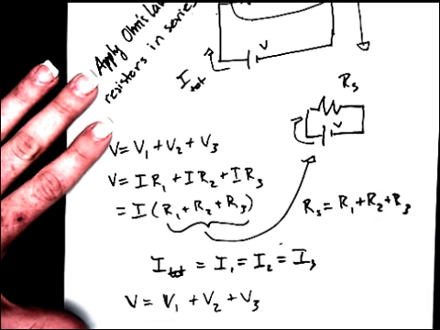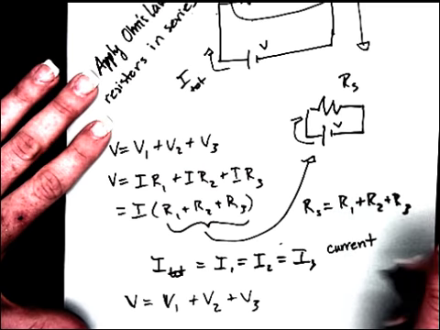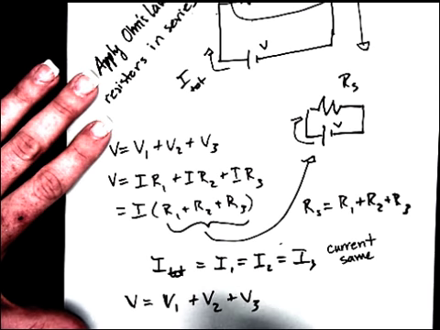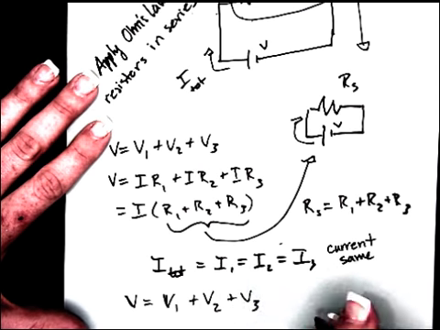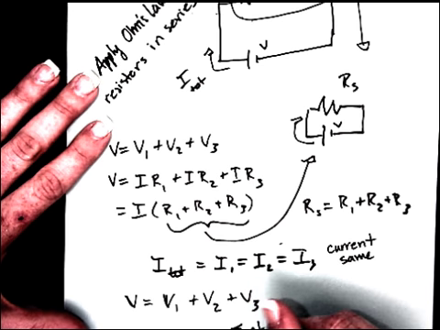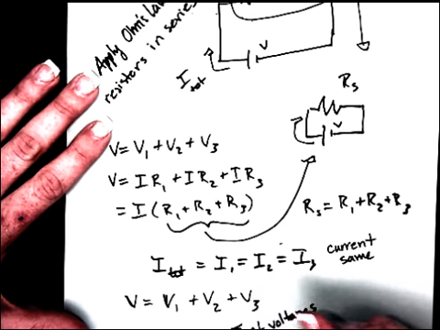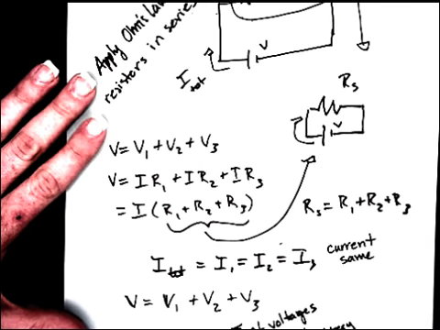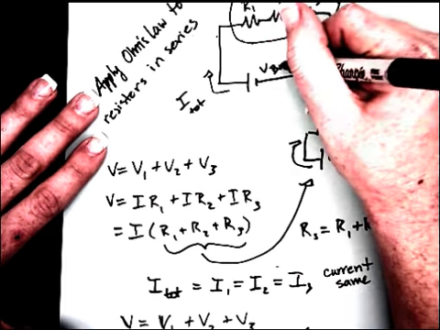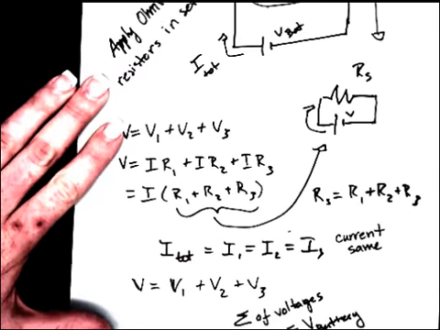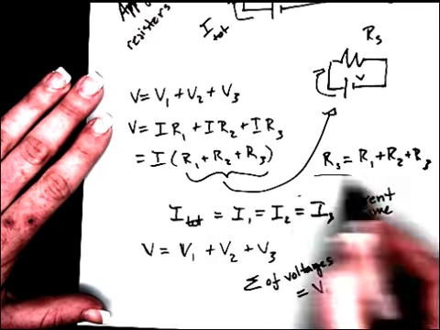And V battery is equal to V1 plus V2 plus V3, where V1, V2, and V3 are the voltage drops across the three resistors in our series. So the sum of voltages is equal to V battery. That's the pretty language for it.